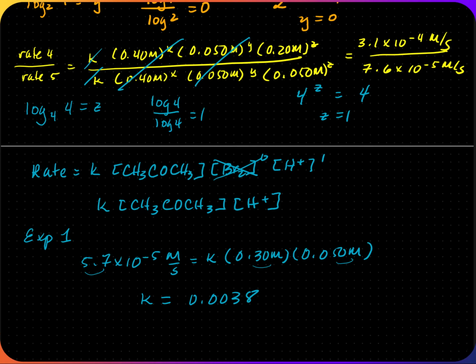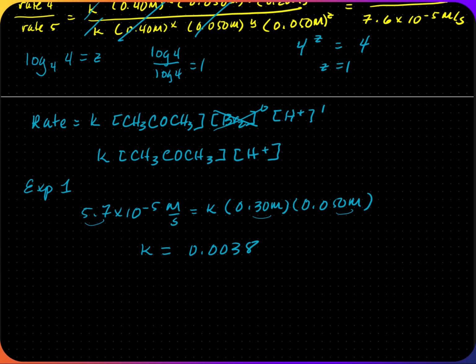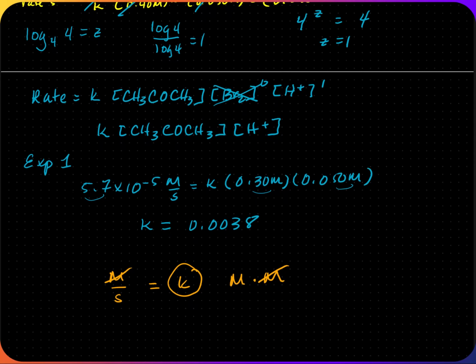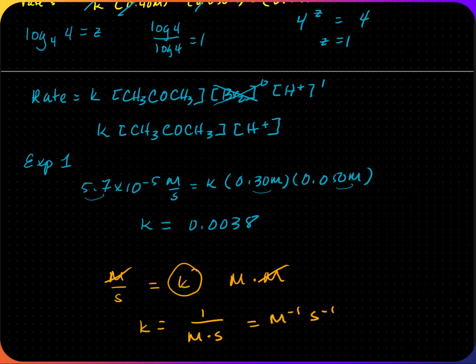Let's solve for units. My units on the left side is molar per second. We're solving for the units for K. And we have a molar times a molar. One of the molars cancel out because they're both numerators. We're going to divide both sides by molar, so K becomes 1 over molar times second, which is molar to the negative first, second to the negative first.